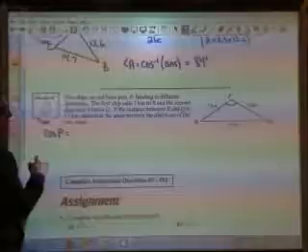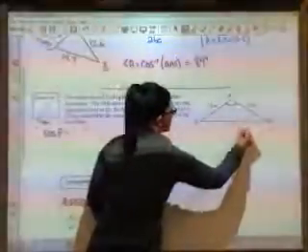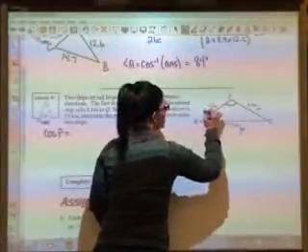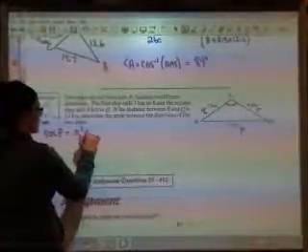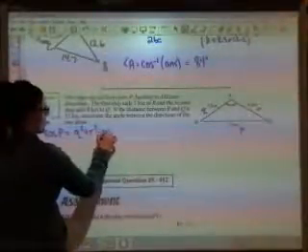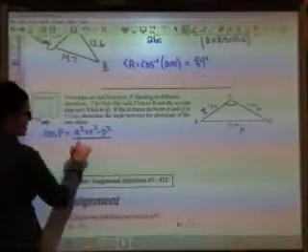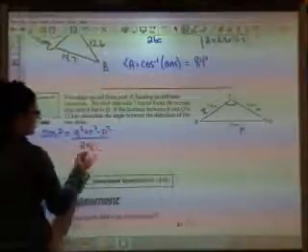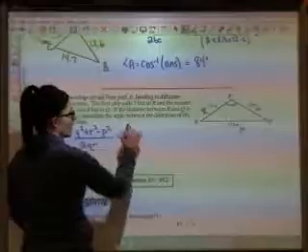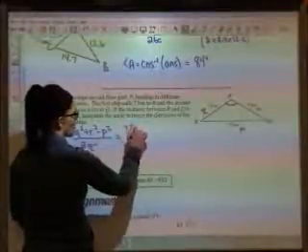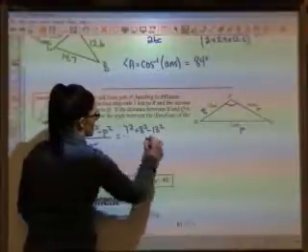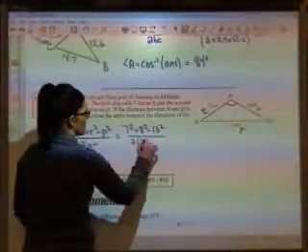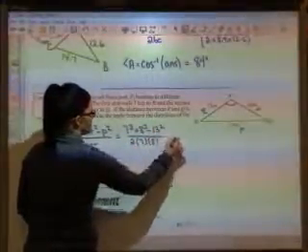So in terms of my cosine formula, that would be figuring out what cos P is. So here's P, R, and Q. It's going to end up being Q squared plus R squared minus P squared divided by 2QR. So that will be 7 squared plus 8 squared minus 13 squared divided by 2 times 7 times 8.